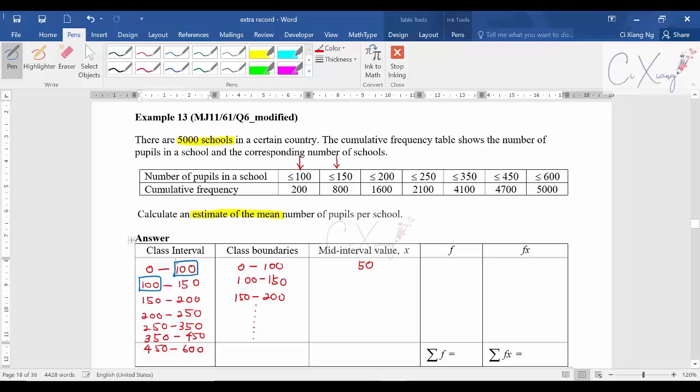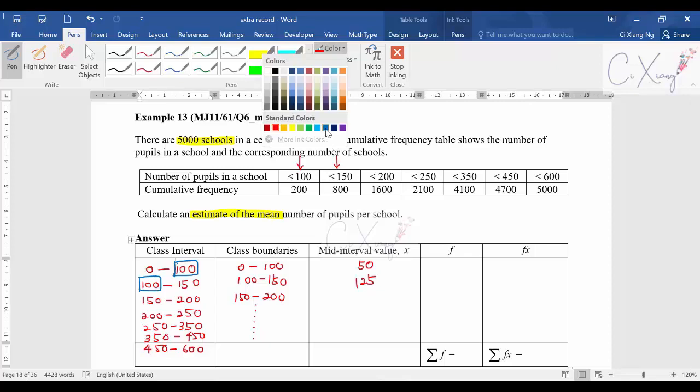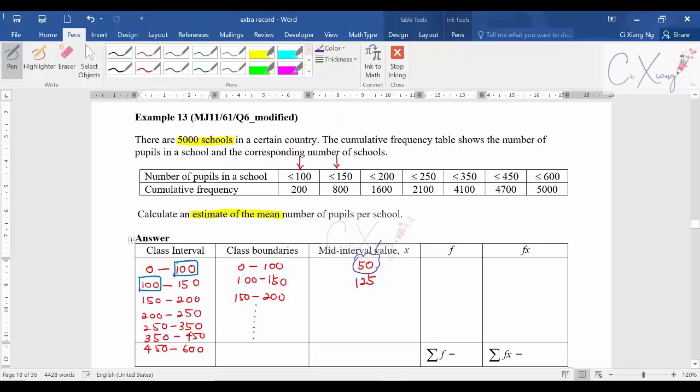Then 150 plus 100 divided by 2, you get 125. Maybe for your knowledge, I put a small shortcut formula here, which is 0 plus 100 divided by 2. The same thing applies for the rest of the classes. So you just continue with your mid-interval value, or the midpoint.